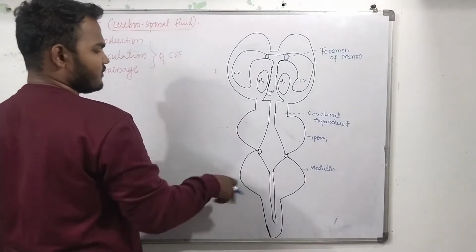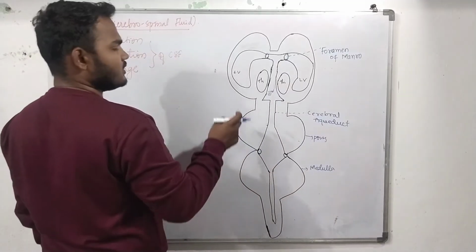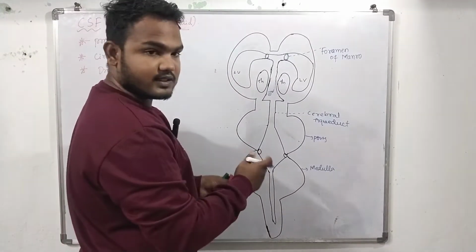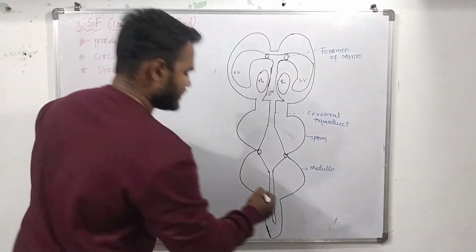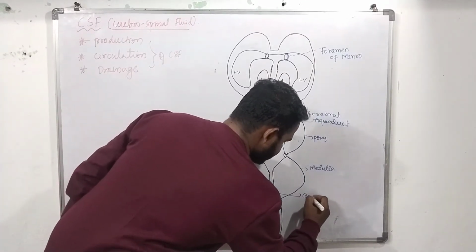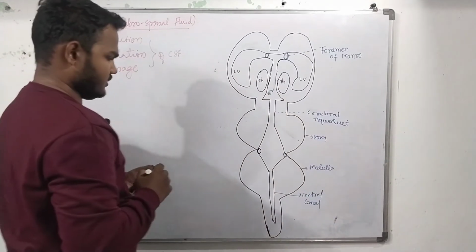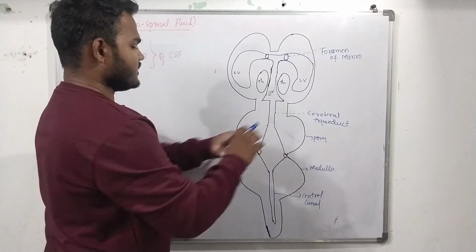These are the components of the midbrain, and these segments we will discuss later. Now, this is our central canal.